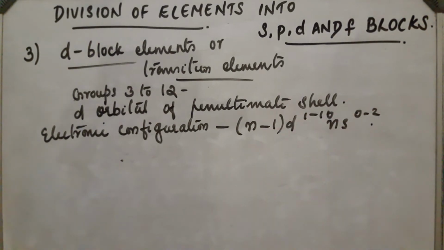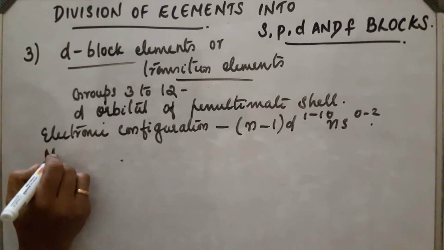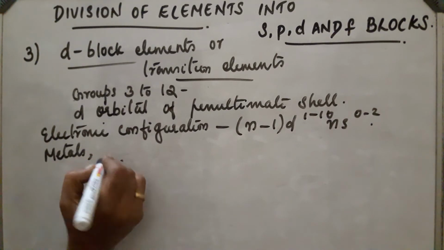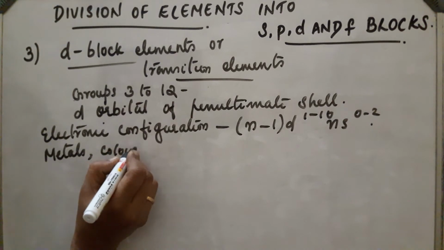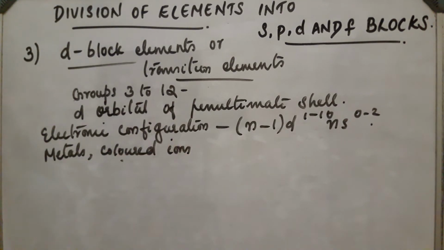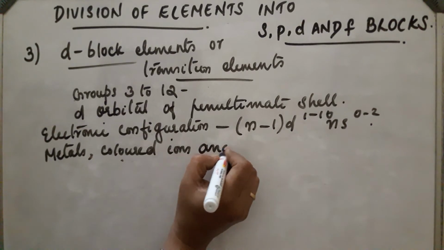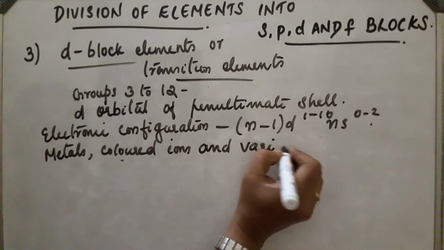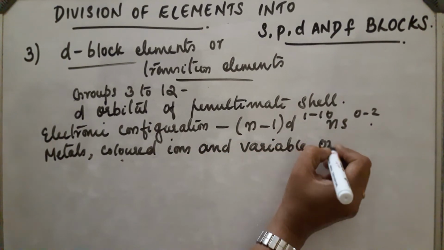In this case all are metals. They form colored compounds and colored ions, and they have variable oxidation states.